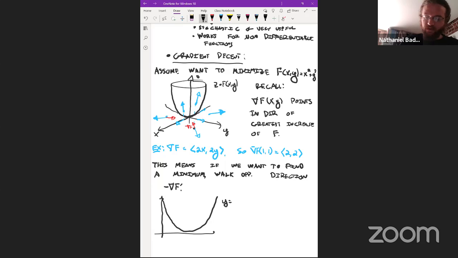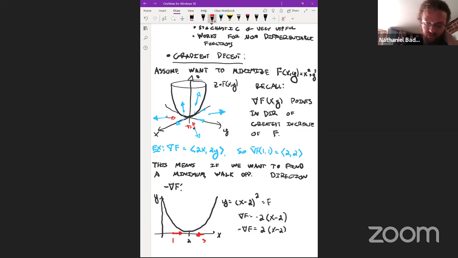So if we have y equals (x minus 2) squared, the gradient of f is 2(x minus 2), and minus the gradient is minus 2(x minus 2). And so what's that telling us? That tells us that when we're at 1, we should go in the positive direction.